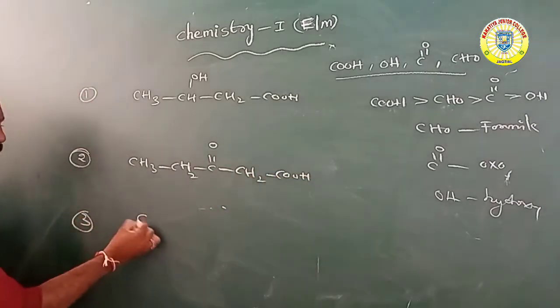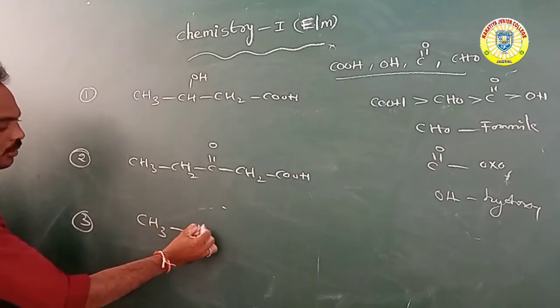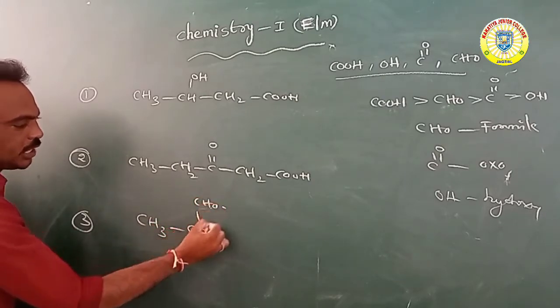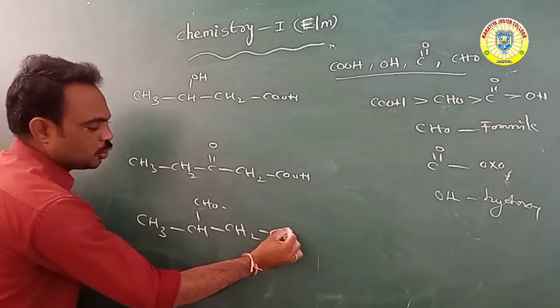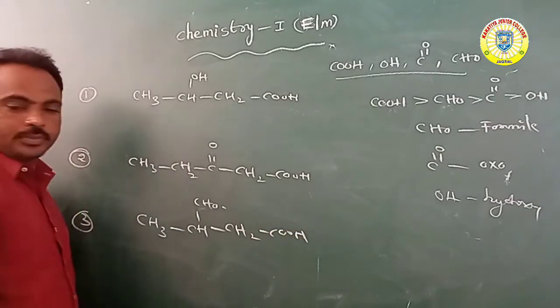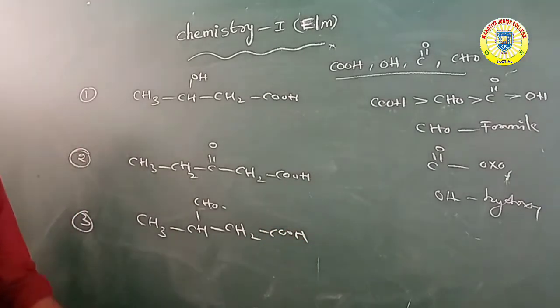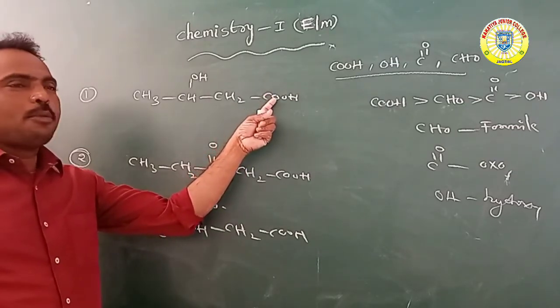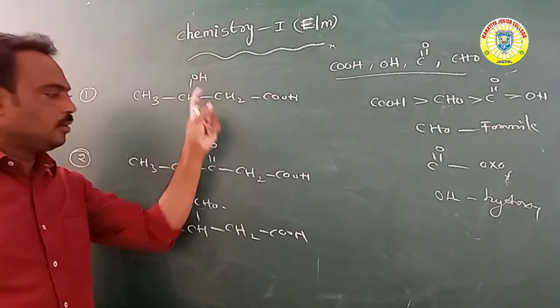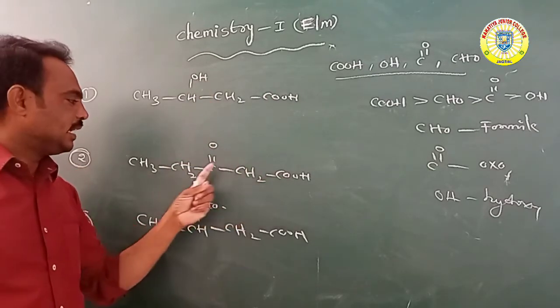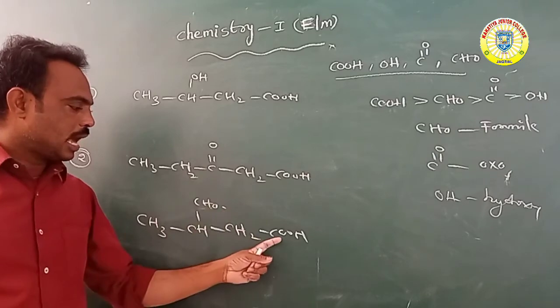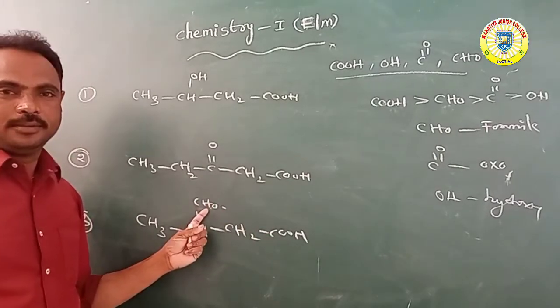Next, the third one: CH3, CH, CHO, CH2, COOH. So each example is attached with two functional groups: carboxylic acid and alcohol, carboxylic acid and ketone, carboxylic acid and aldehyde.